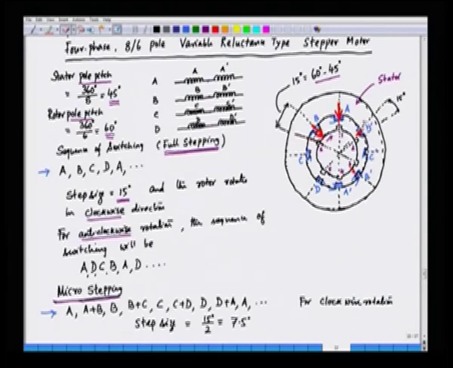If A is energized and B is energized, we have two MMFs. One is along phase A, and the other one is along phase B.